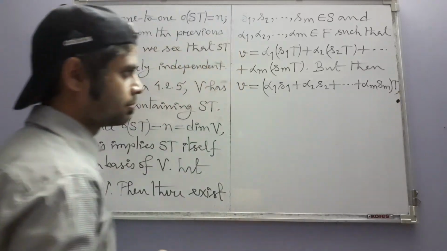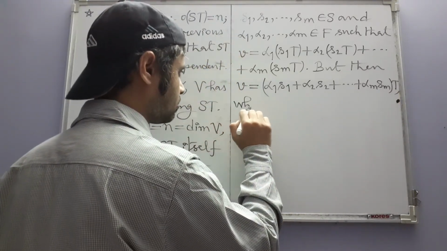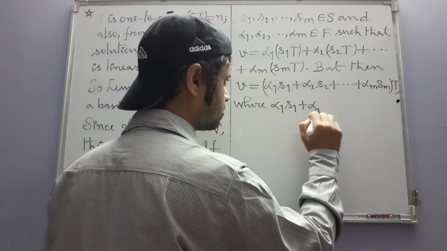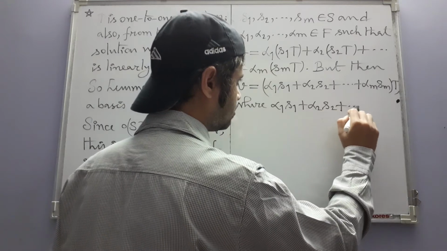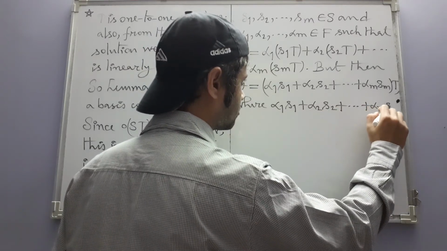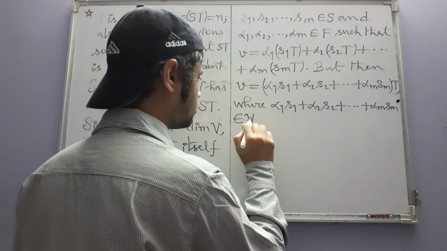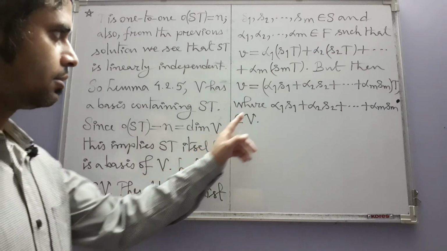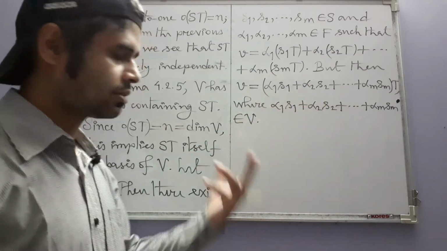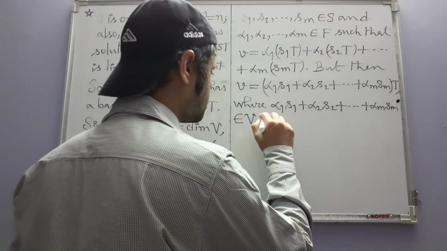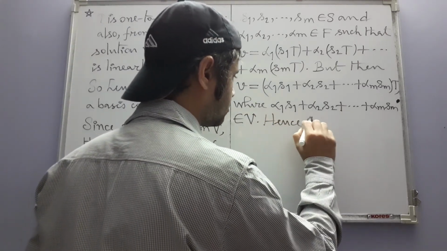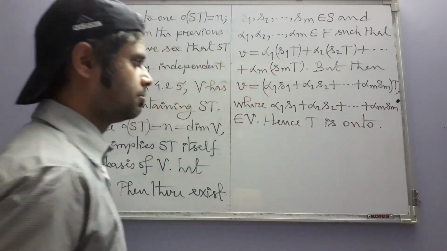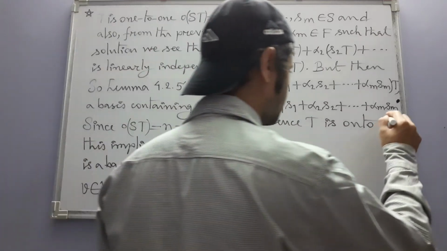T of, where this thing definitely belongs to our vector space. So we have realized this arbitrary vector small v as the T image of some vector again in V. Hence, T is onto, and that completes the solution.